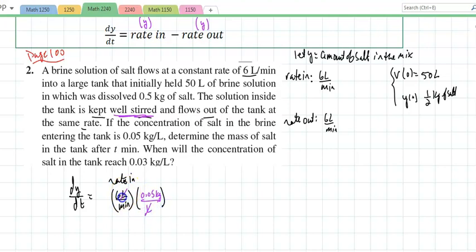Do you see now I'm figuring out how the amount of salt that's entering the tank minus the rate out. And here we're letting out 6 liters per minute as well. So the volume is fixed. And what is the rate? Salt of brine. Okay. Determine the mass of salt in the tank at any given time t.